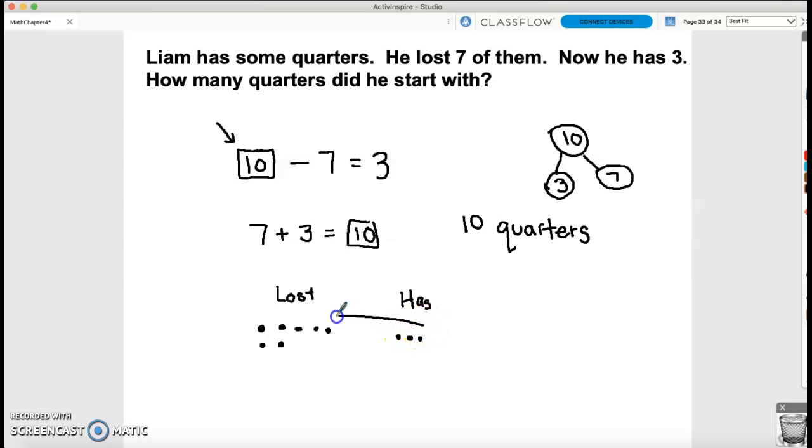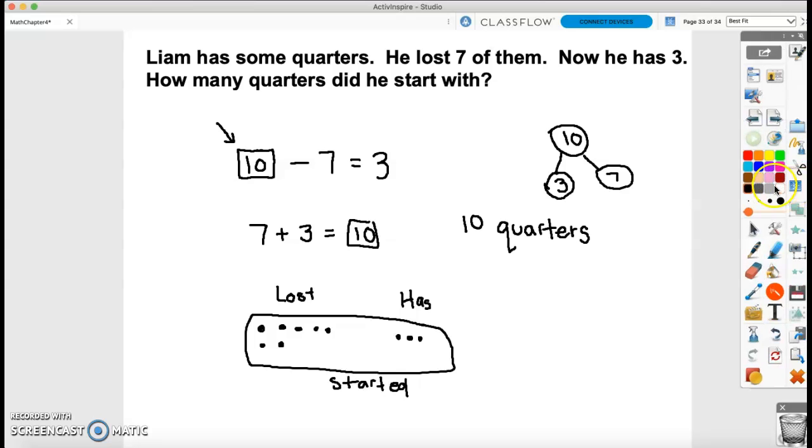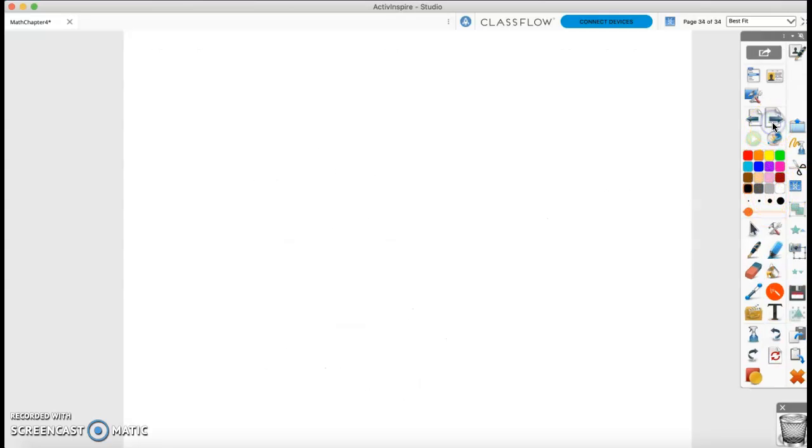So I could see that this is what he started with. And that's maybe how I would draw a picture and label my picture. Awesome job learning today.